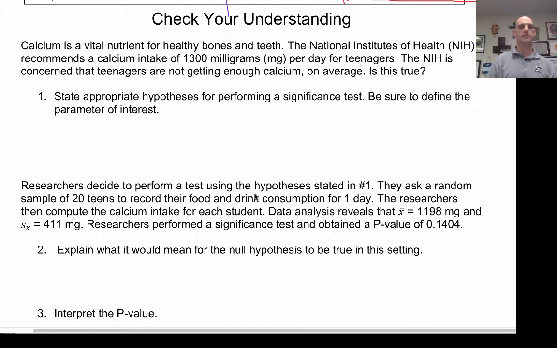So we want to state the appropriate hypotheses, so this means two, for performing a significance test. Be sure to define the parameter of interest. So this is two parts. So my H sub 0, my null hypothesis, is that my mean is equal to 1,300. My alternative hypothesis.